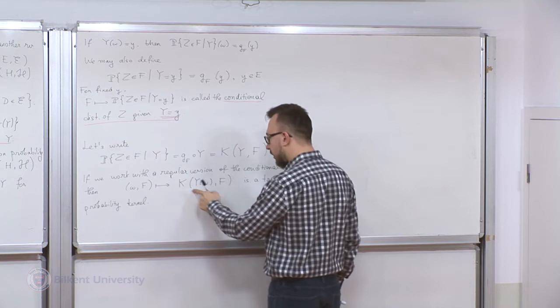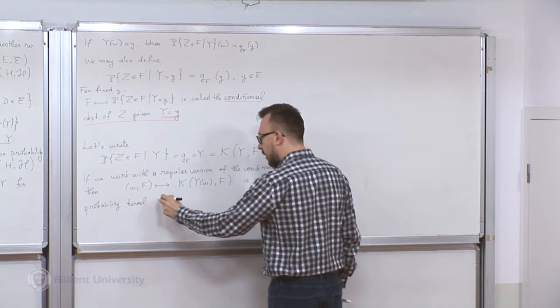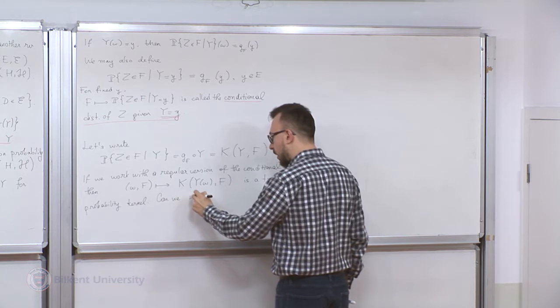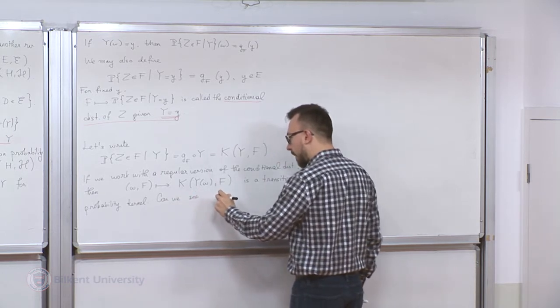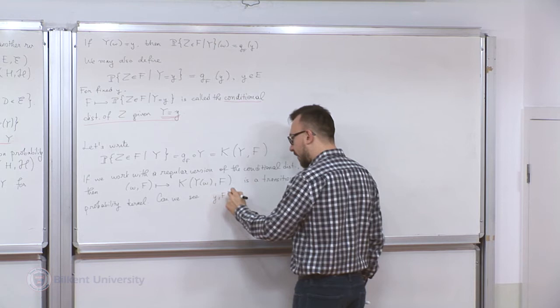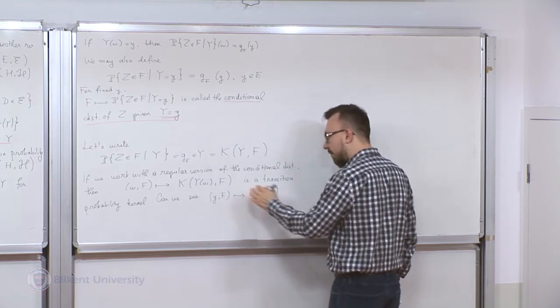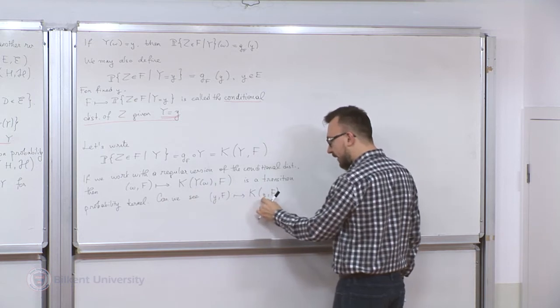So the question is, can we see y, f maps to K_y of f? Namely, if we replace this by a fixed value.